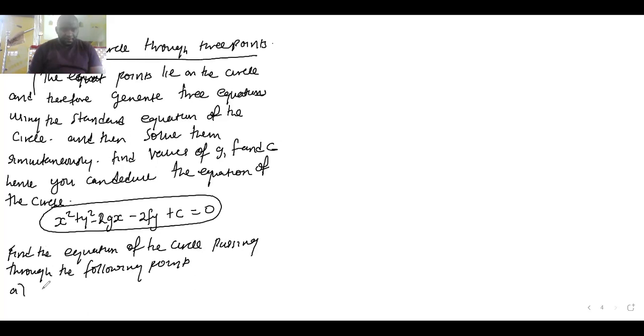A: (3, 1), (8, 2), and (2, 6). B: (0, 0), (-1, 3), and (2, 6). Which one should the teacher handle?